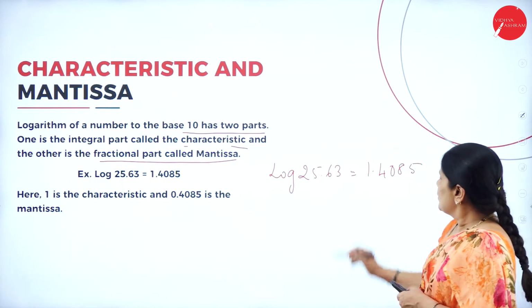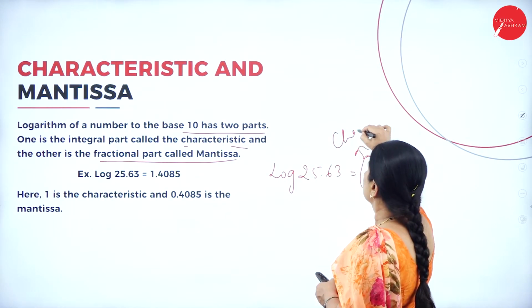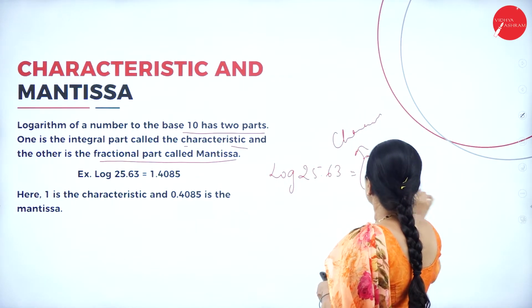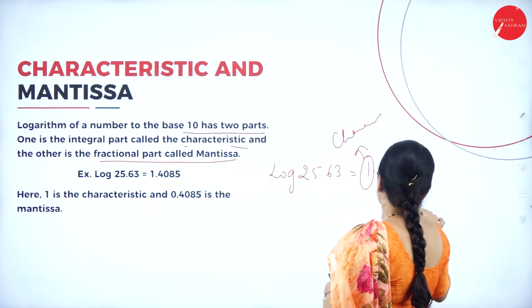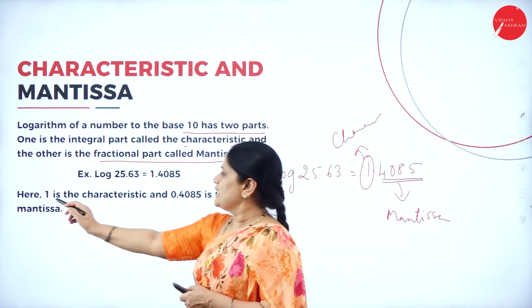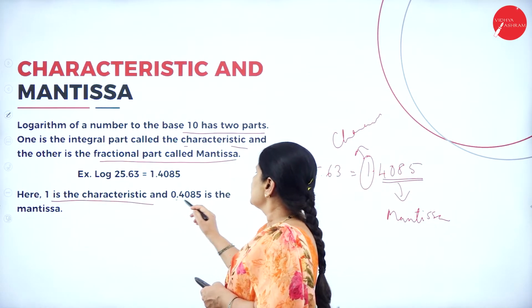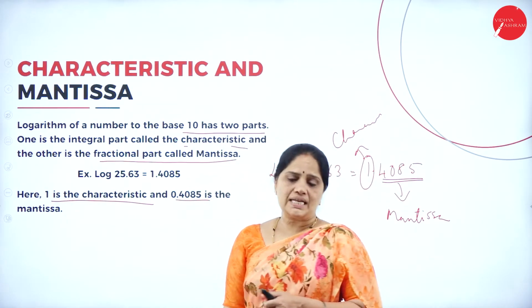Now this 1 we call the characteristic, and this decimal part we call the mantissa. So 1 is the characteristic and 0.4085 is called the mantissa.